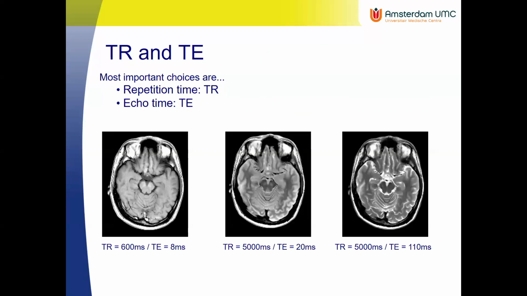So for now, we should remember that the most important choices are repetition time and echo time, and here you see the different contrasts again. T1 on the left-hand side, now with the choice of repetition time and echo time, proton density weighted and T2 weighted. And they all have different settings of the echo time and repetition time.